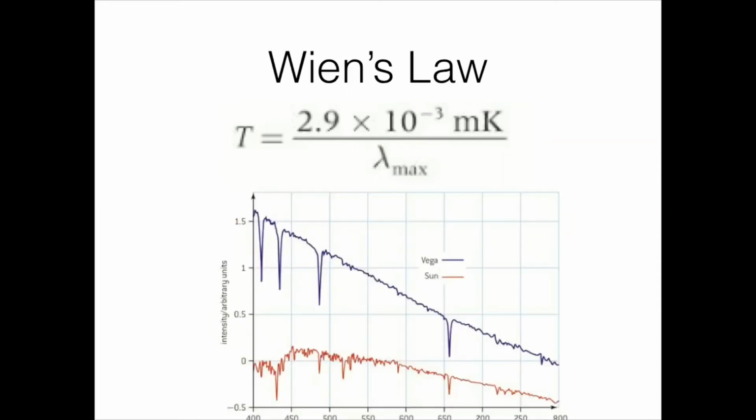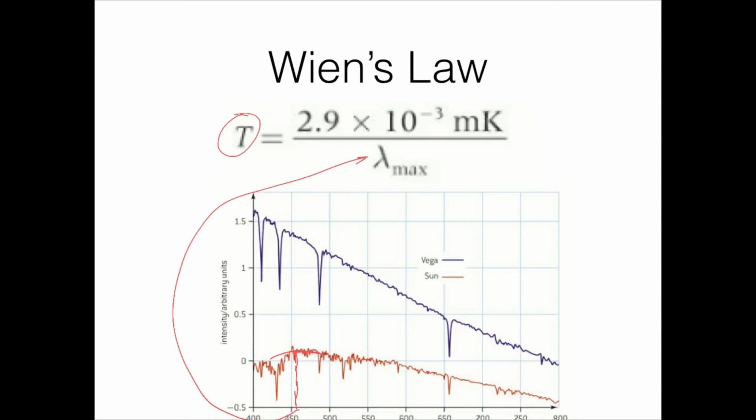Okay, so looking back at our picture of the sun and Vega, you can see here the maximum for the sun is somewhere around the 450, maybe 460 nanometers range. So we should be able to take that and put it into our wavelength here, and then we could calculate the approximate temperature of the sun.